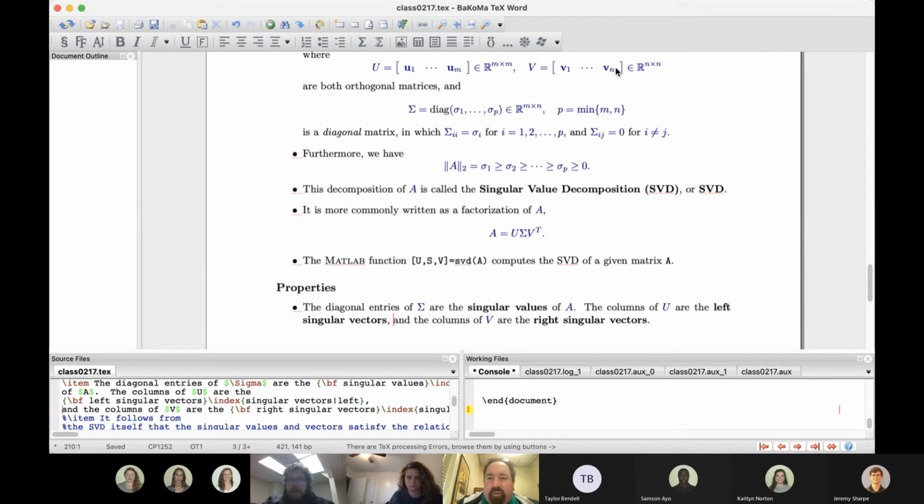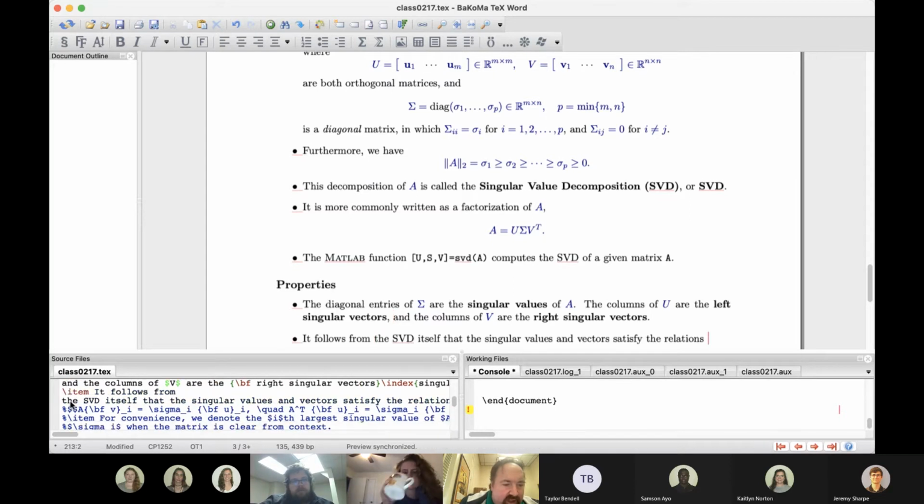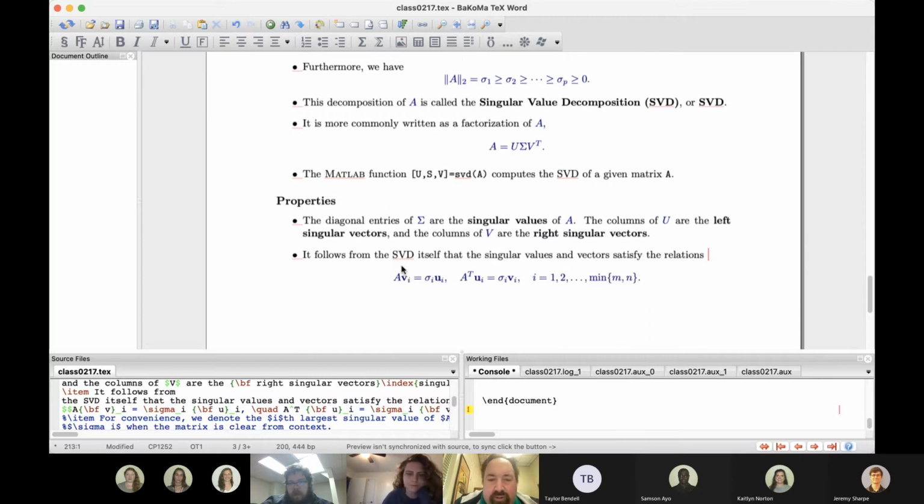And then these are the right singular vectors, the columns of V. Now, how the left and right singular vectors are related: if I multiply A by a right singular vector, I get a left singular vector times the corresponding singular value. Similarly, if I multiply a left singular vector by A transpose, I get the corresponding right singular vector with the corresponding singular value.